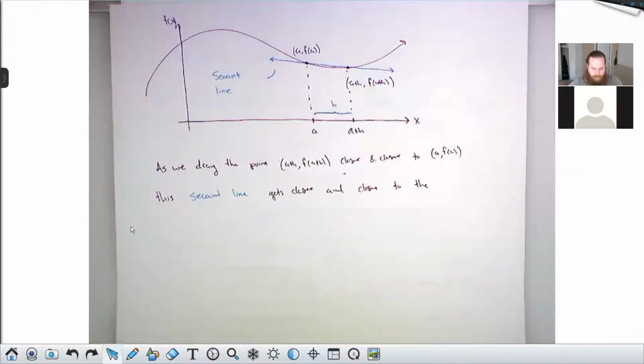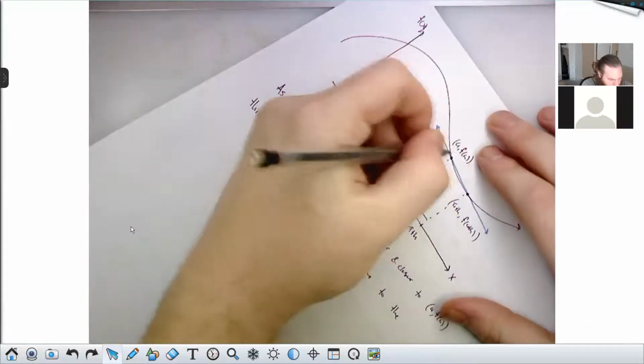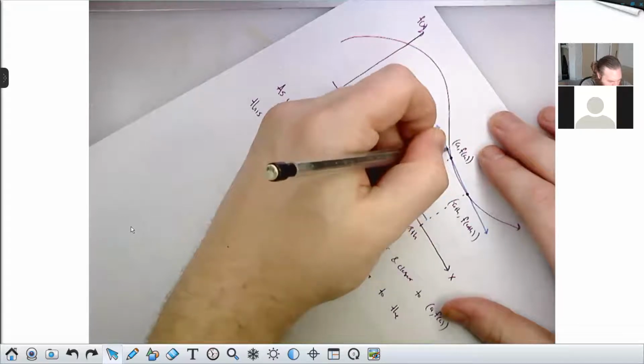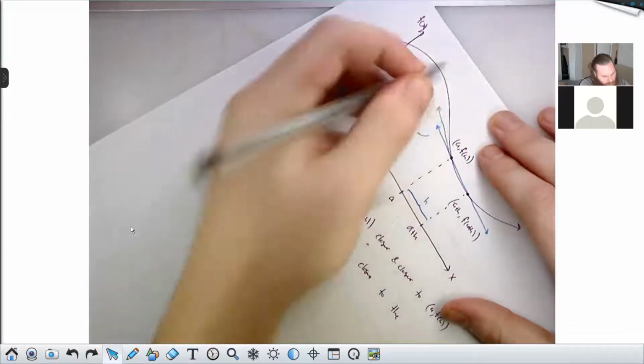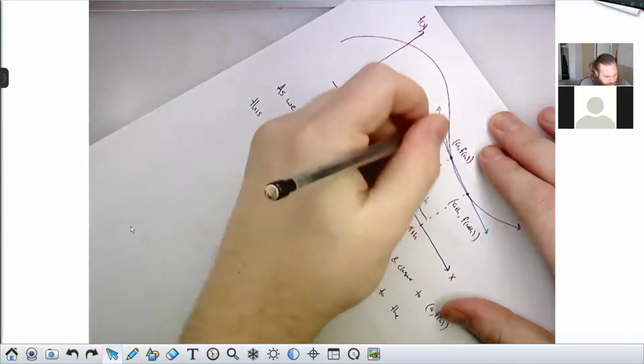Let me see, I have another color here. Well, maybe in pencil then. It gets closer and closer to this tangent line.